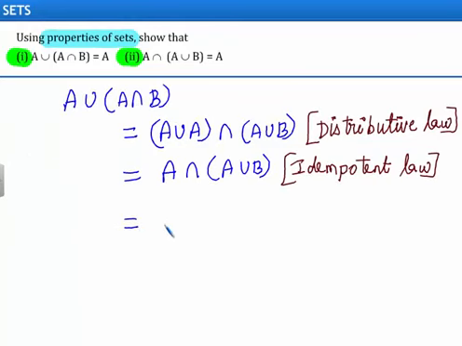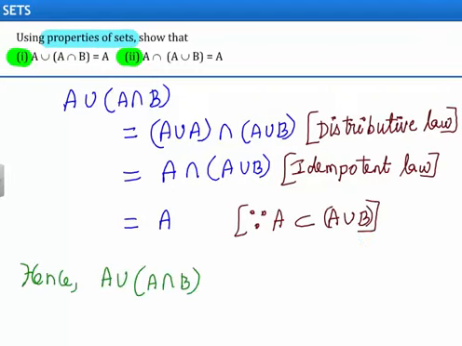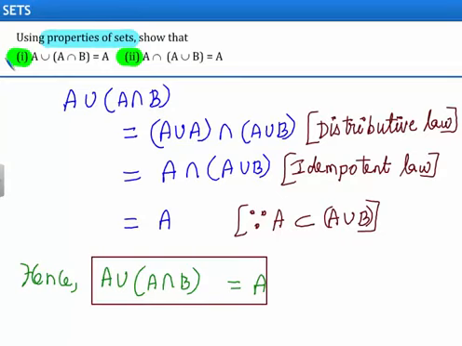This will be equal to A, since A is a subset of A union B. Hence, A union A intersection B is equal to the set A itself. This completes the first part of the problem.